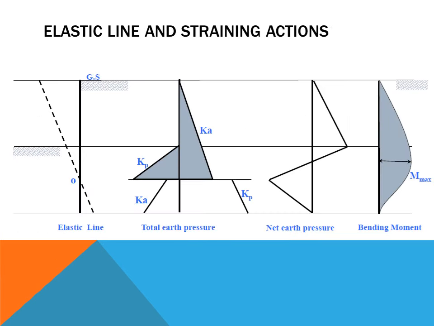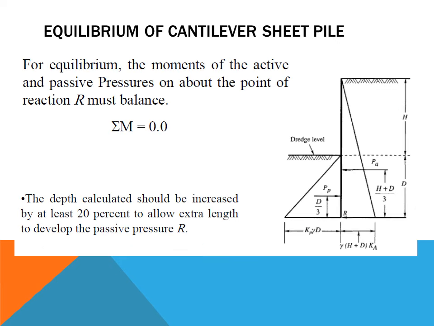Now we can see the diagrams involved in analyzing the sheet pile. First, we have the elastic line, and we can draw the pressure diagram accordingly, such as the active side and also the passive side. Further from there, we can draw the net pressure diagram accordingly, and lastly the bending moment. In order to analyze the sheet pile, there are some concepts that we must understand before we can proceed.